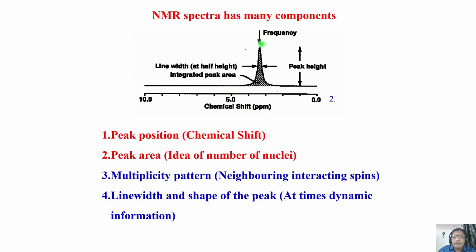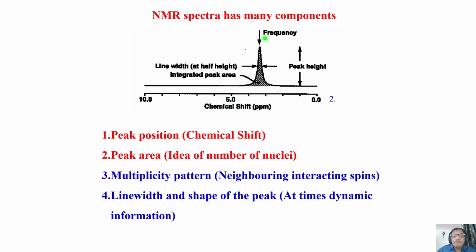Second, area of the peak. I told you, remember, the area of the peak gives you the number of protons present in that relative to the other one. I have to have some reference peak. If I know the number of protons present in that, with respect to that relativity with the peak height, I can tell you the number of protons present in the other.